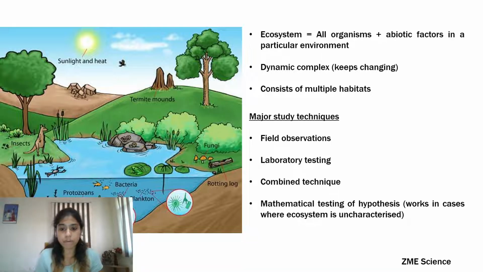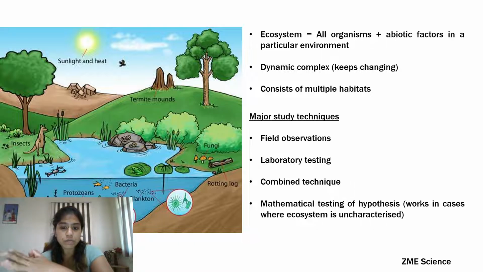Or it could be from laboratory testing, where we systematically test the presence of different microbes using standard methods and protocols in the laboratory. Often, in microbial analysis, where people study microbial communities in a given ecosystem, they follow a combined technique, where they combine information from the field along with the information that we get from the lab tests and the lab work.